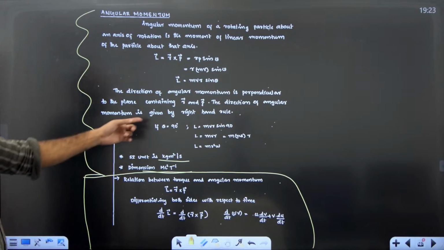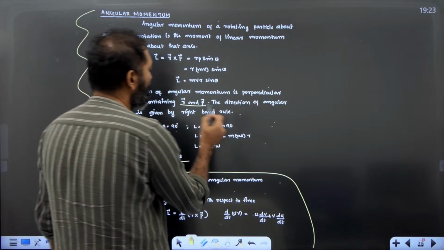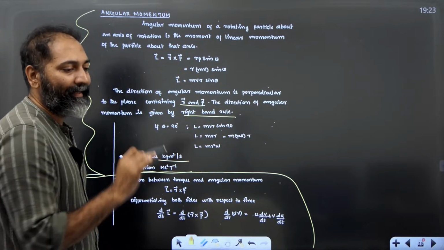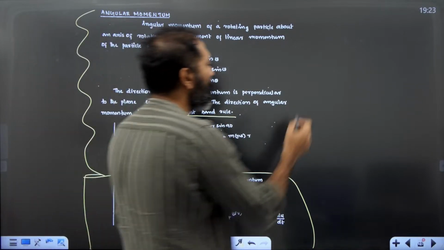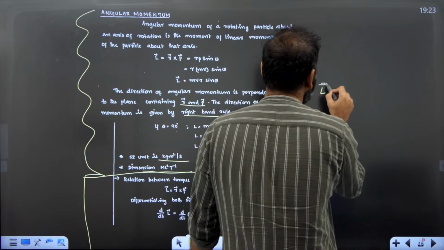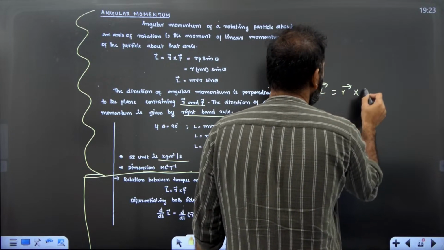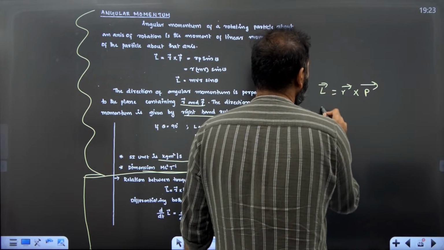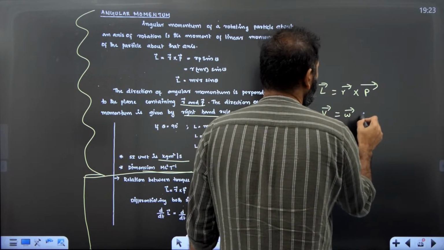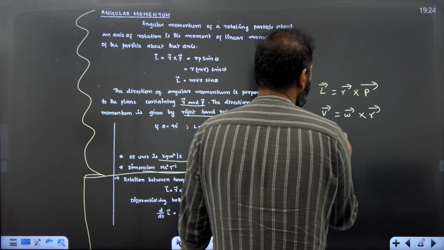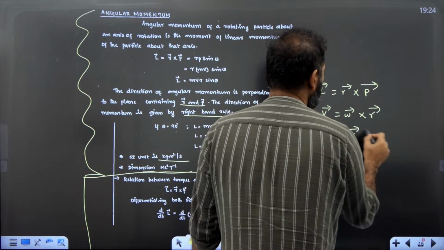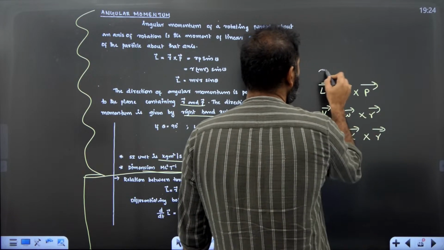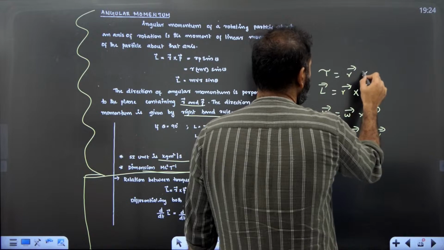The direction of angular momentum is perpendicular to r vector and p vector. It is also given by right hand rule, that we know, because in all examples of cross product, direction is given by right hand rule. L vector equal to r vector cross p vector, v vector equal to omega vector cross r vector, a vector equal to alpha vector cross r vector, tau vector is equal to what? r vector cross f vector.